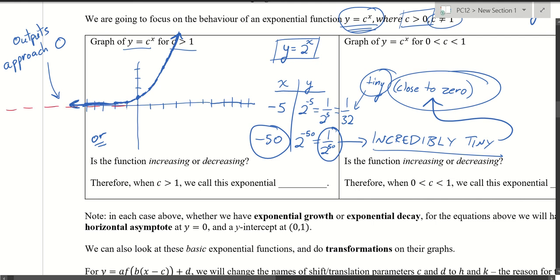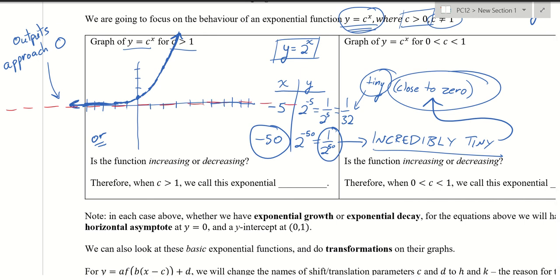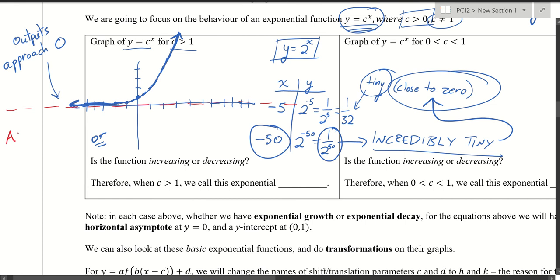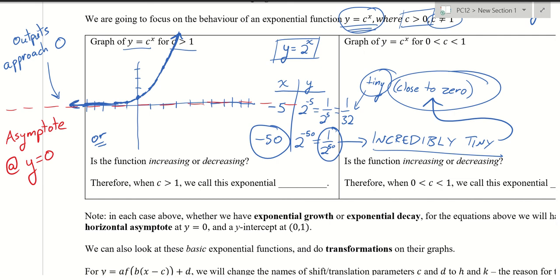It appears to be approaching the line y equals 0 that I'm drawing in this dotted red line, but it's never actually going to reach it. And so more technically, we can say that an asymptote exists here. This is an asymptote at y equals 0. An asymptote is some line that the graph of a function will approach, but never quite reach.